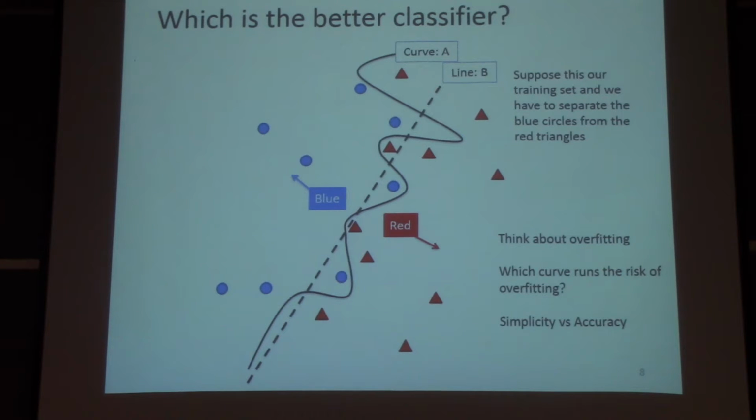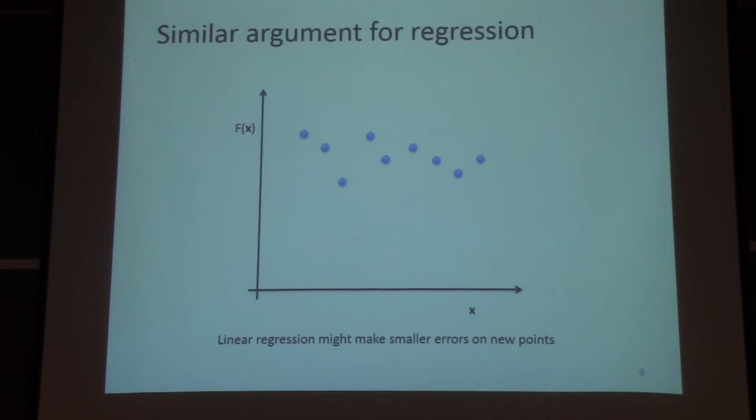A similar argument shows up in regression. If you have a set of points, I can either draw a curve that perfectly fits the points, or I could use linear regression and say that for the points that don't lie on the line, there's some noise just pushing them away.